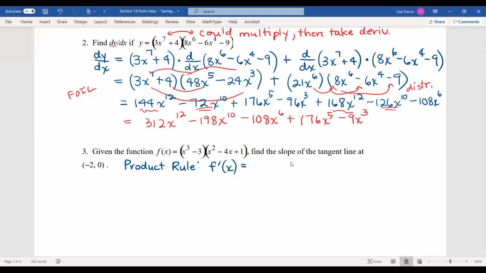So I have the first function. I'm going to use that other derivative notation because, I don't know, it just sounds good today. The first function times the derivative of the second plus the derivative of the first function times the second function.